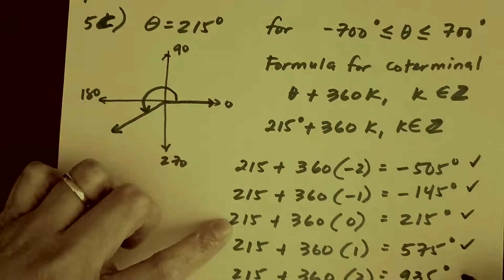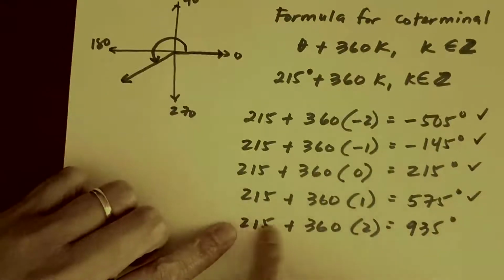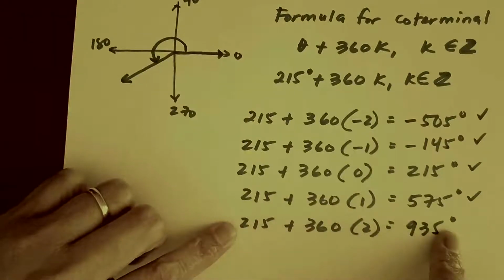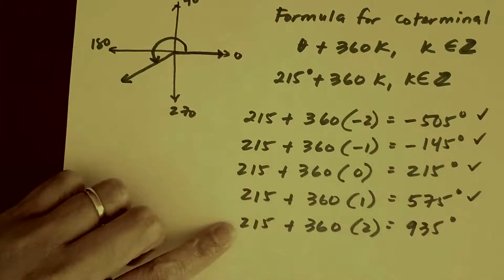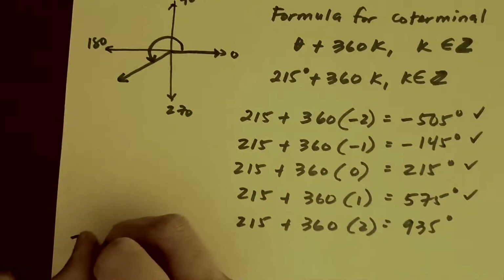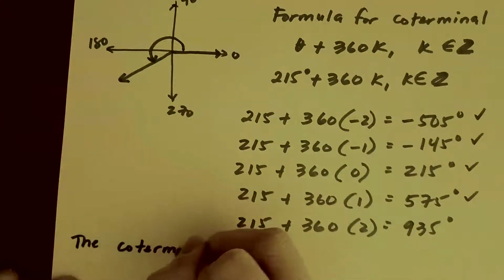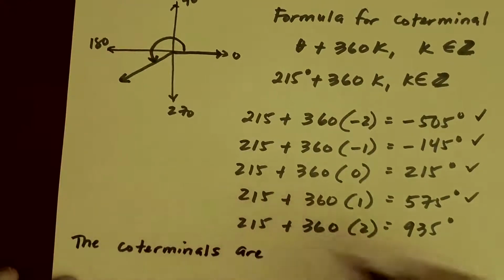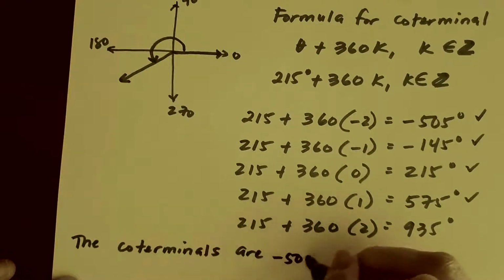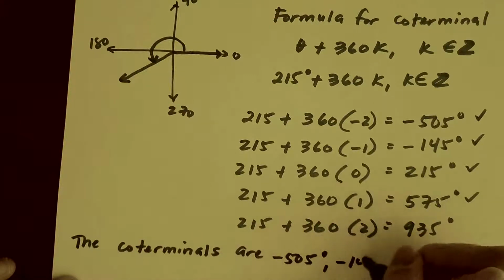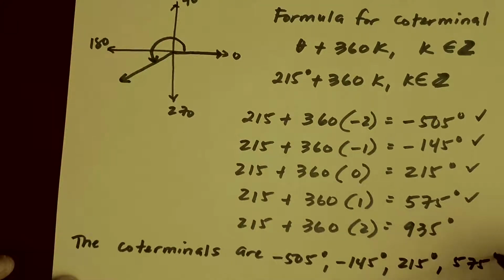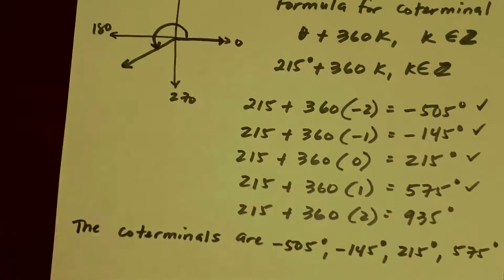And this one here is not going to be part of the solution because it is over 700 degrees. So therefore, the coterminals are negative 505 degrees, negative 145 degrees, 215 degrees, and then 575. Those are the only ones. There are other coterminals, but these are the only ones within that specific domain.